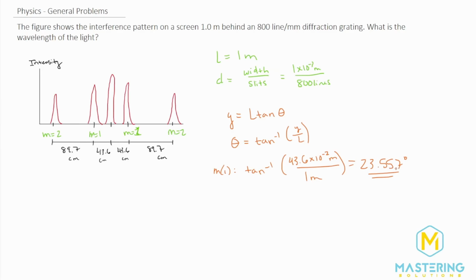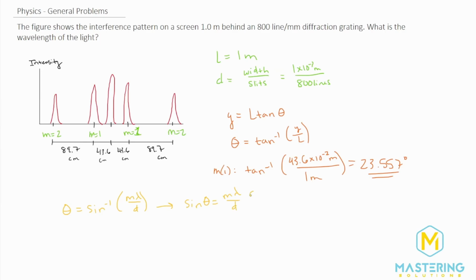Now we need to figure out the wavelength, but none of these equations have lambda in them. So now is where we use that other one we talked about a moment ago, where theta is equal to the inverse sine of m lambda over d. We need to isolate lambda though. So we'll take the sine of both sides: sine theta equals m lambda over d.